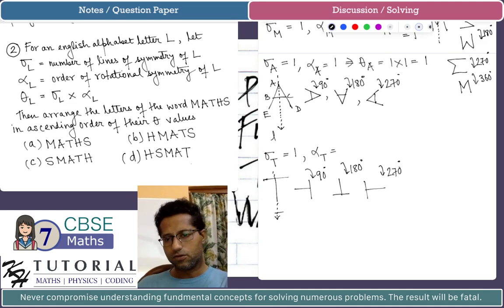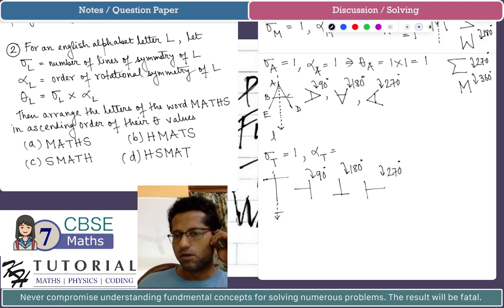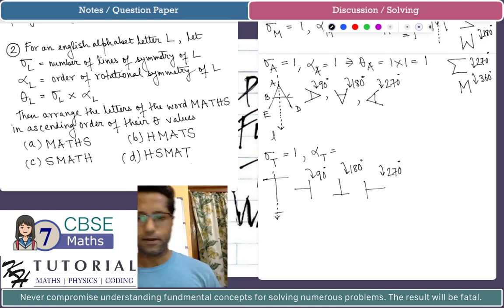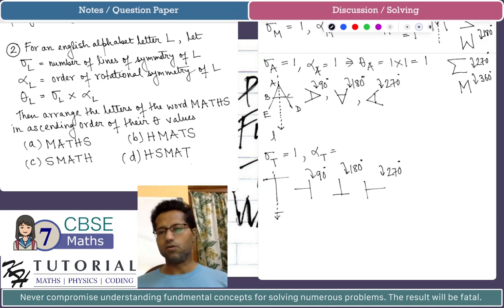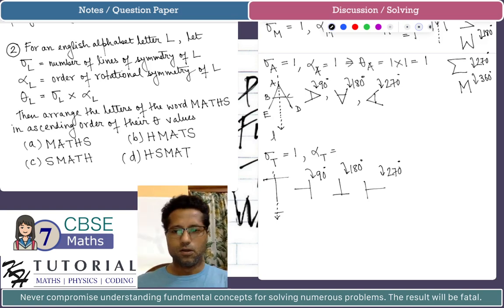So we can see that the letter T has order of rotational symmetry 1, because only when it is rotated 360 degrees does it come back to its original position and orientation and look identical. No other angle between 0 and 360 degrees makes the letter T look identical. So the order of rotational symmetry of T is also 1.